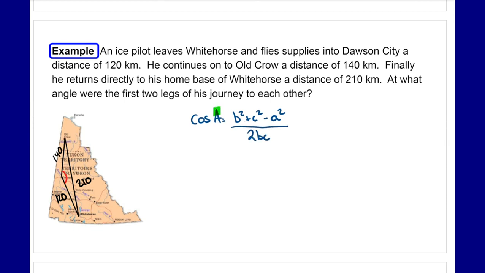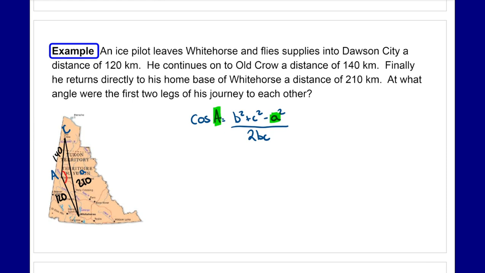We want to make sure that the angle we're looking for and its side pair are put in correctly. So if I'm looking for A, we can call this A here, this angle, then side A is across from it. B and C don't really matter.